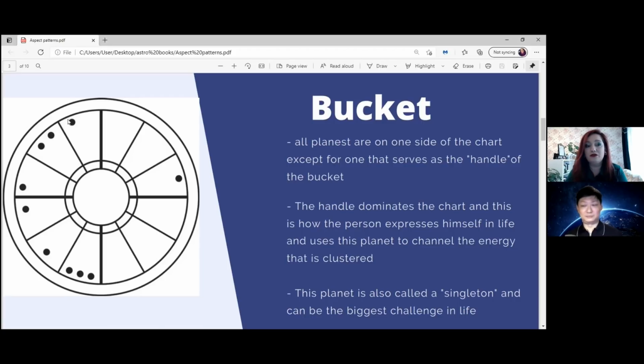And maybe we can use this first planet, again, we are looking at the planets clockwise, to help us with integrating the handle and making the best of it.